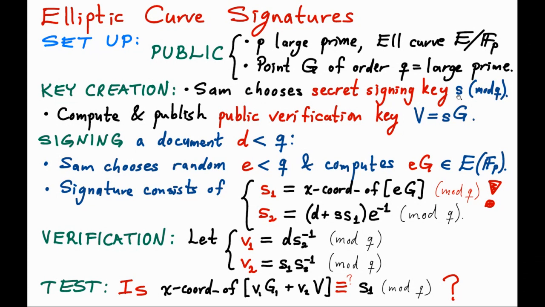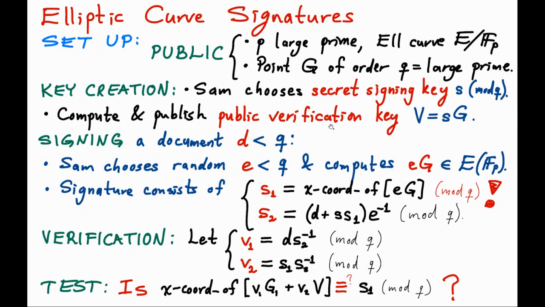So that's the secret, the signing key. And not surprisingly, the verification key, which is public, is capital V because it actually represents a point on the curve. So I'm trying to use capitals for points on the curve, lowercase for numbers. So when you exponentiate the point G using the exponent s, the secret signing key, you get the exponentiated version of s, which is V, and that is public, right? So that's the verification key that Victor is going to use to verify.